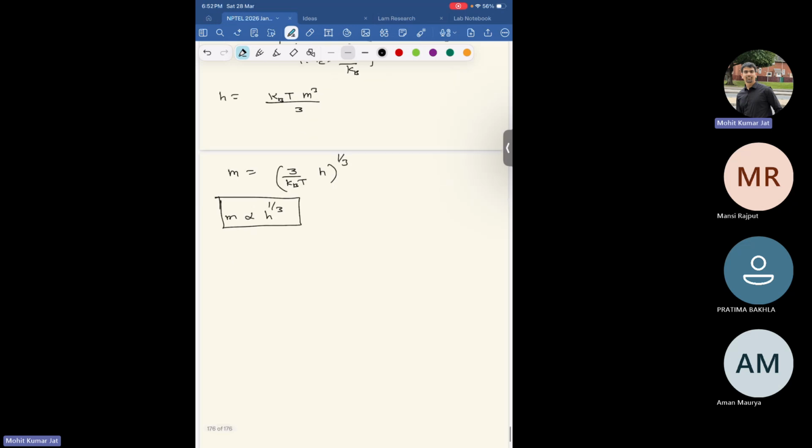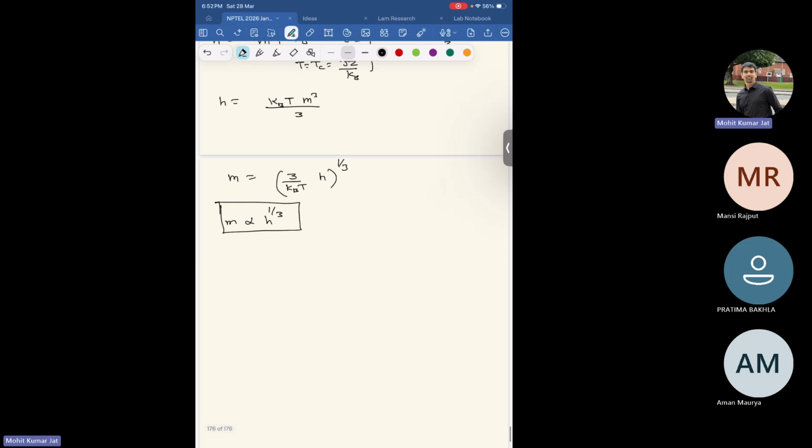Okay, if the question is not there, then following the same question, away from the critical temperature Tc, so the temperature T is away from critical temperature Tc.